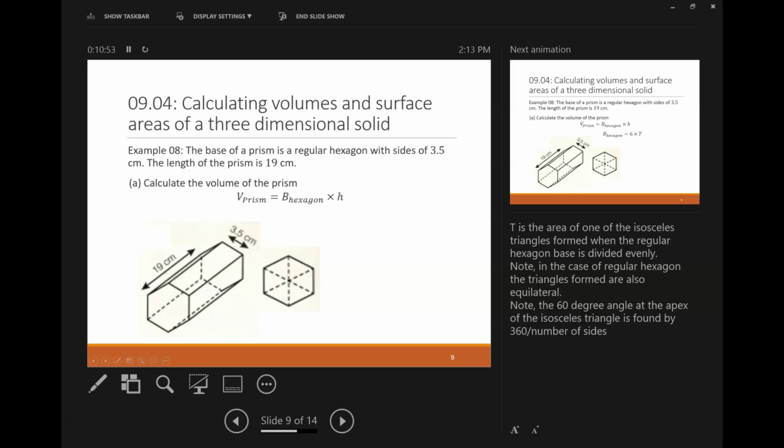So what is this apex angle for one of these isosceles triangles got to be? 60. Fantastic. How did you get that? Excellent. One full rotation is 360 degrees. I divided that among 6 triangles. So each of these apex angles is 60 degrees.